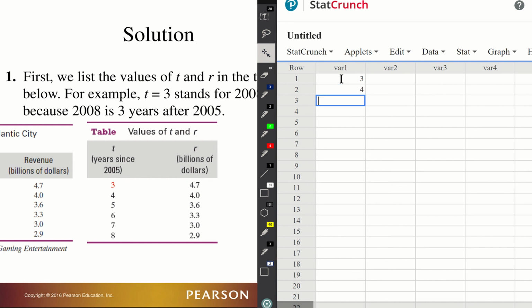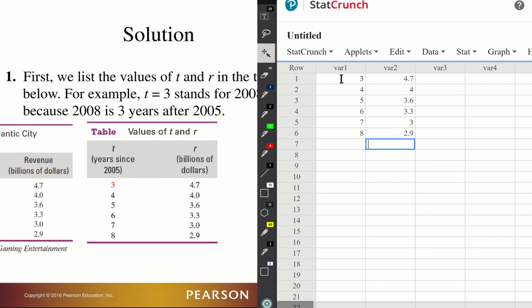So we have 4, 5, 6, 7, 8, and then in the next column we're going to have 4.7, 4.0, 3.6, 3.3, 3.0, which is going to convert to 3, and then 2.9.